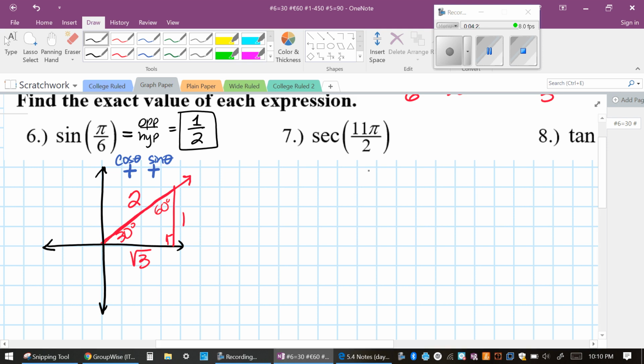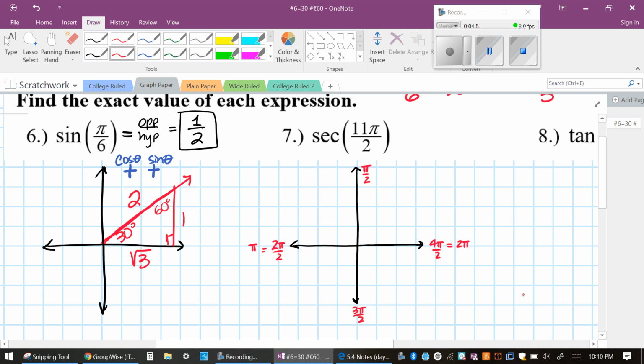Okay, to find the secant of 11 pi over 2, I'm going to graph the angle first. So remember that pi over 2 is 90 degrees. So this would be 2 pi over 2, because that reduces to 1 pi. This would be 3 pi over 2, 4 pi over 2, which would be 2 pi.